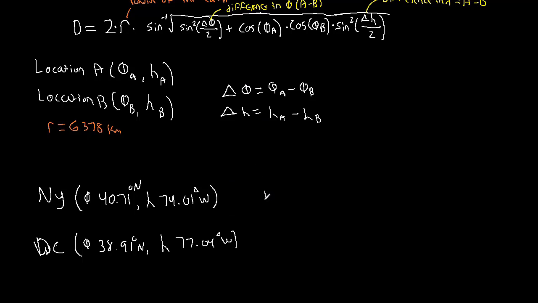So that's going to be delta phi equals, again, I'm pulling this equation here. So plugging in phi a, which is 40.71, and I'm subtracting phi b, which is 38.91. Right, and if we do the math on that, what we get is 1.8 degrees.